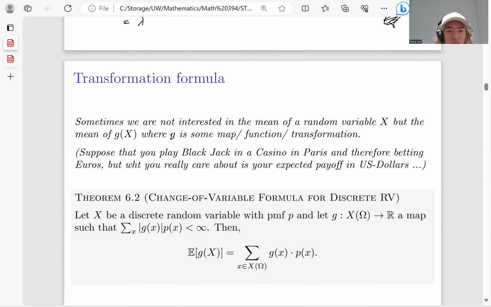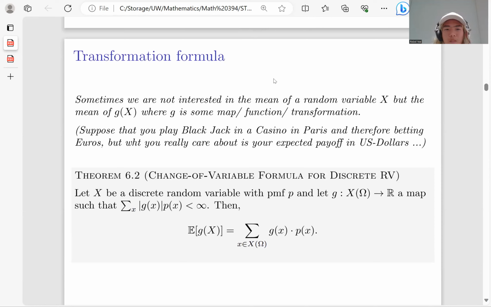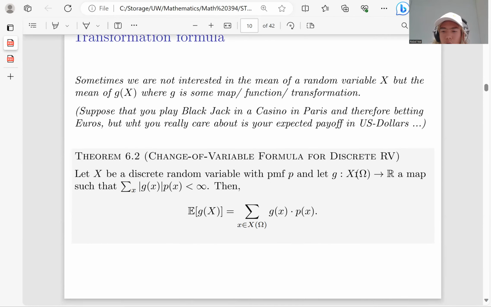So I want to talk more about the expected value, because sometimes we're not only interested in the realization behavior of X, but sometimes we have another function on top of the realization. So let's say there's a function g(x), which converts the random variable to a real number again.